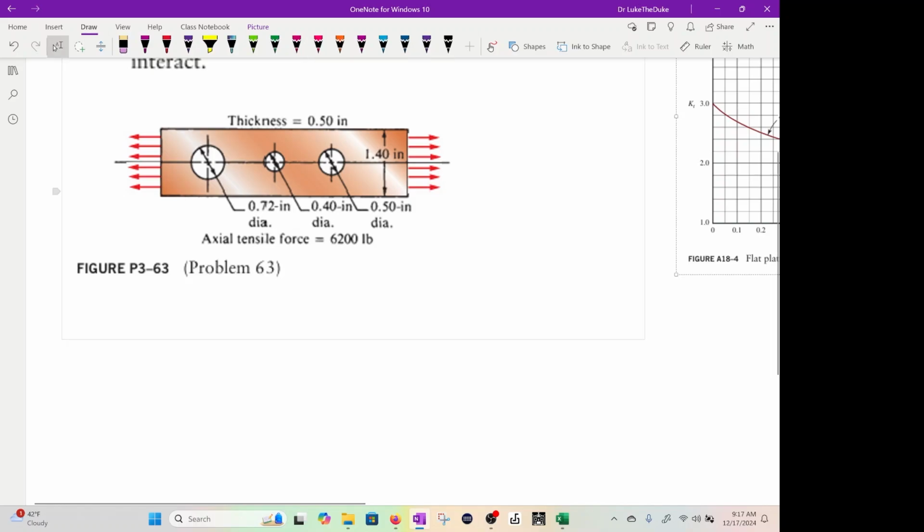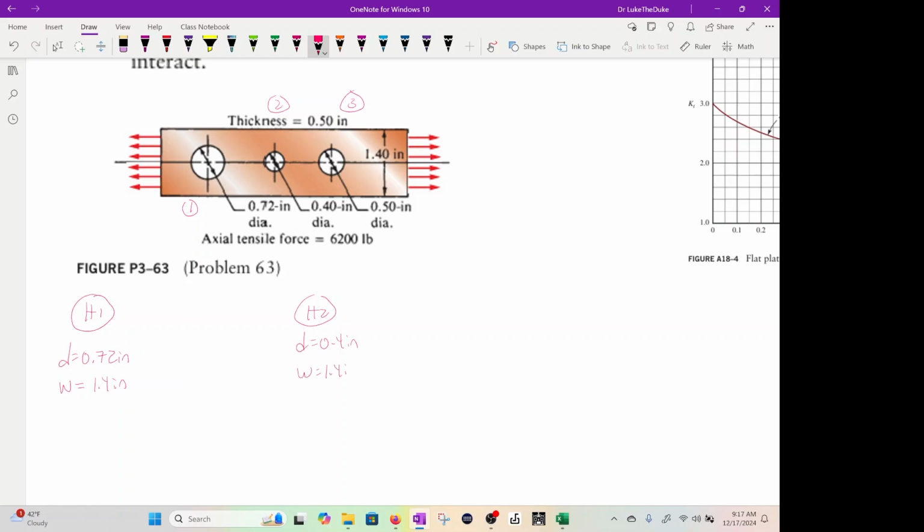First, we'll call this hole 1, this one hole 2, and that one hole 3. For hole 1, D is 0.72 inches and W is 1.4 inch. Then hole 2: D is 0.4 inch, W is 1.4 inch.